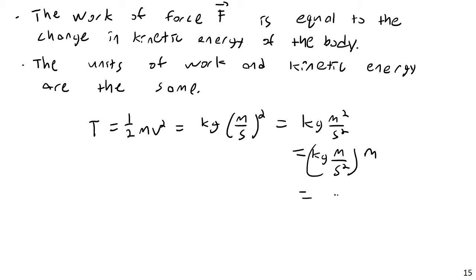A kilogram meter per second squared, that's just a Newton. So that's just going to be Newton meters, or simply 1 joule. And we could do the same thing for English units if we want. If we're doing kinetic energy in English units, it also will have units of foot-pounds, just like work does.